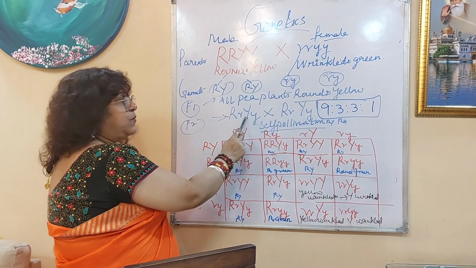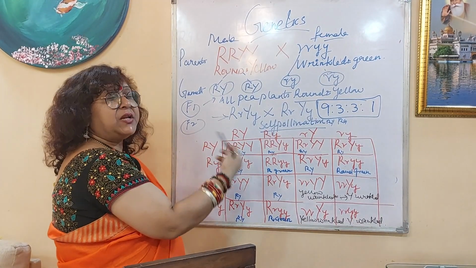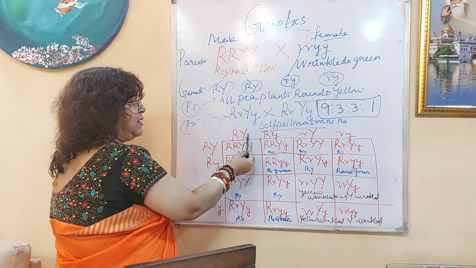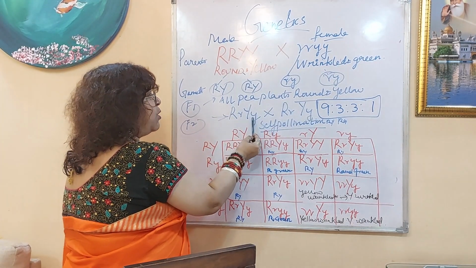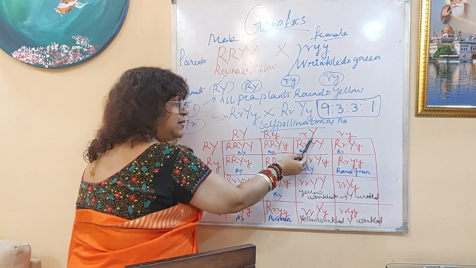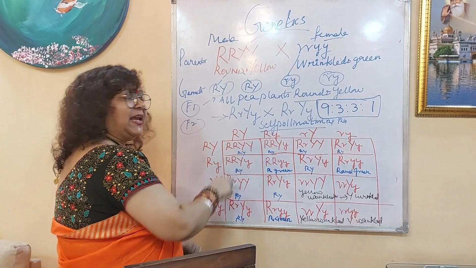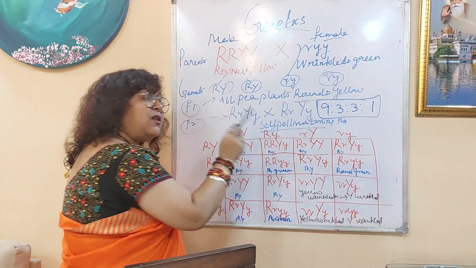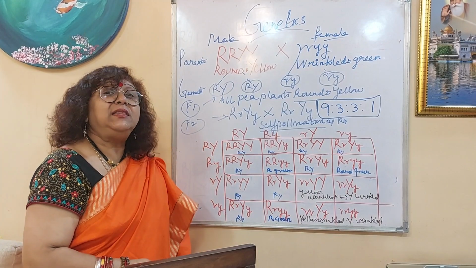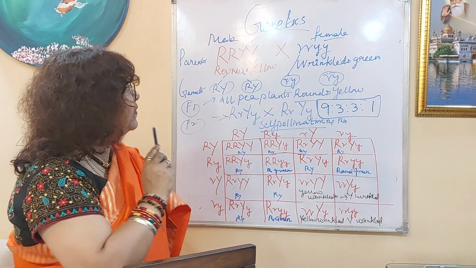You write the alternatives by permutation and combination. R with big Y, 1. R with small y, 1. Small r with big Y as 1 set. Small r, small y, 1 set. They segregate. Here another law was devised by Mendel, which was known as the law of independent assortment. That's a very important law.